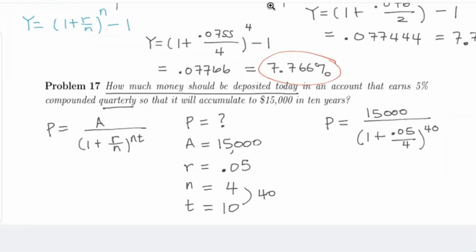You should have a number. Caitlin, I got 9,126.20. Let's see, do we all have the same number? $9,126.20 now to get 15,000 in 10 years.